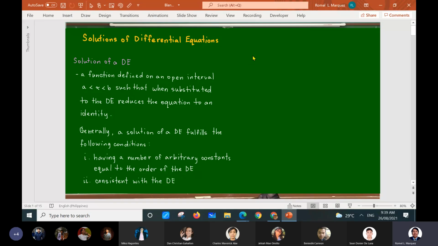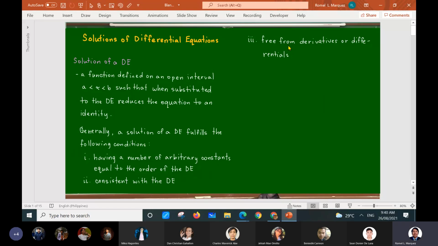And then the last one, that solution of a differential equation must be free from derivatives or differentials. Okay, guys? So these are, generally, the three conditions for a solution of a differential equation.